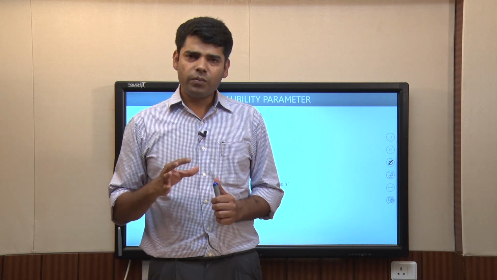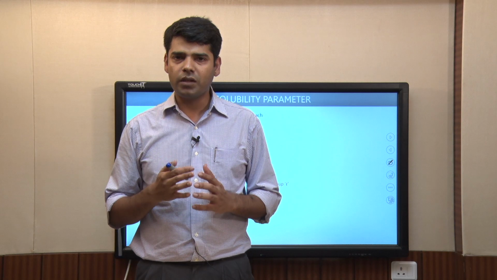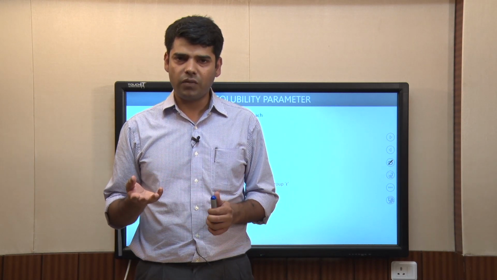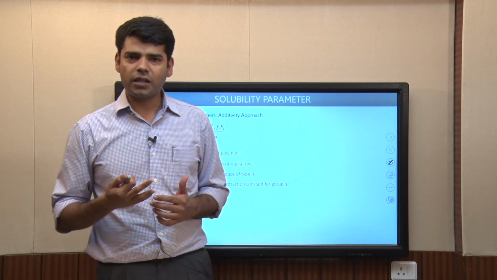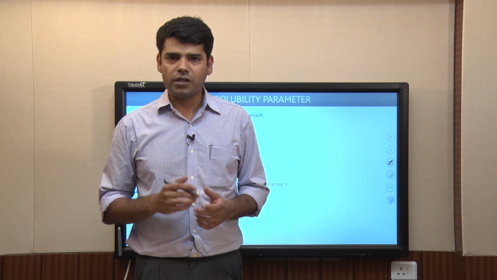But if we apply the same formula to a polymer, we run into problems, because polymers are typically non-volatile, so measuring or estimating an enthalpy of vaporization is normally not possible.